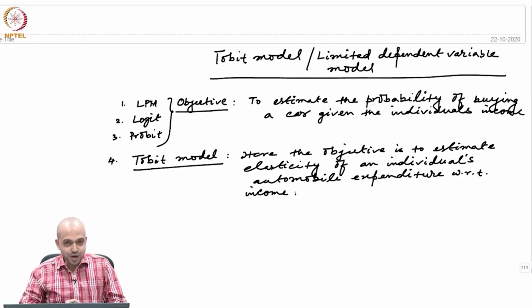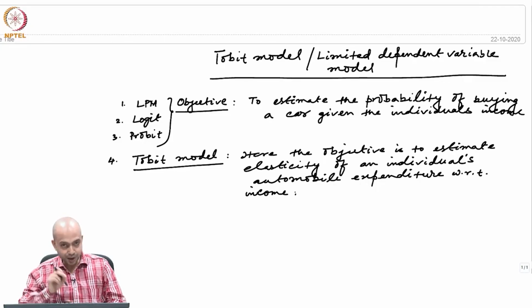So, you cannot observe that particular individual's automobile expenditure unless that individual has his or her own car. That is what we have to keep in mind. We do not have information on the dependent variable for all the individuals.